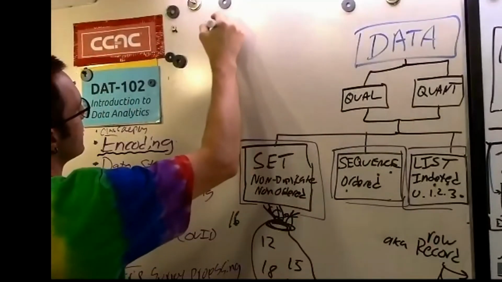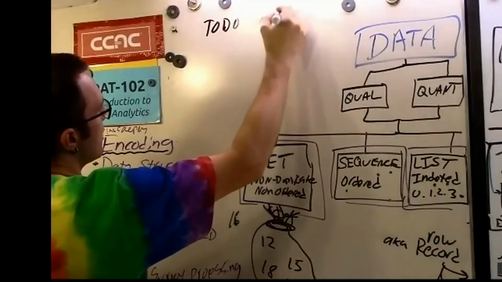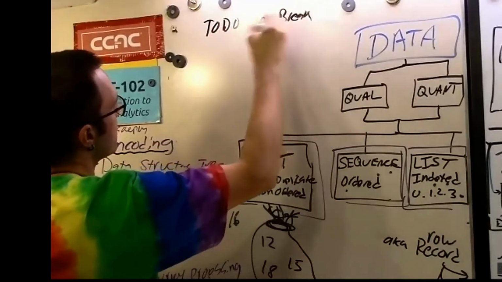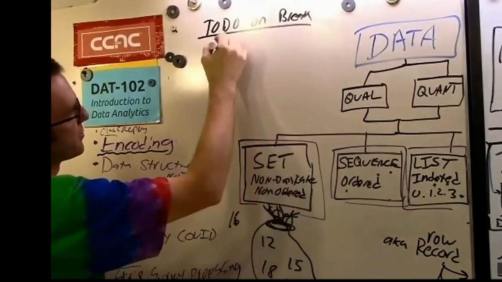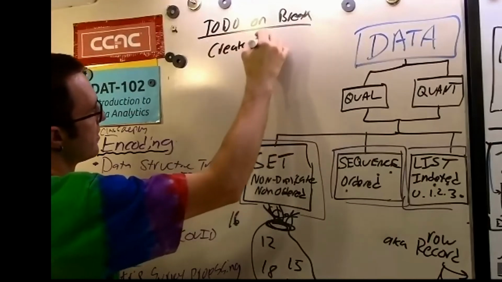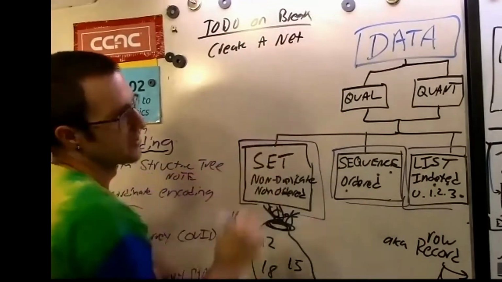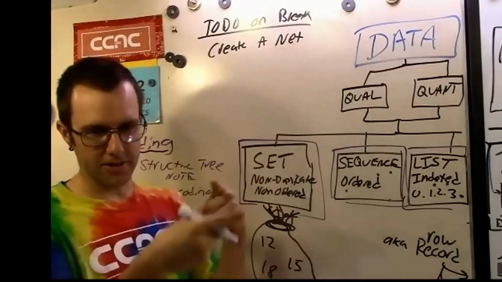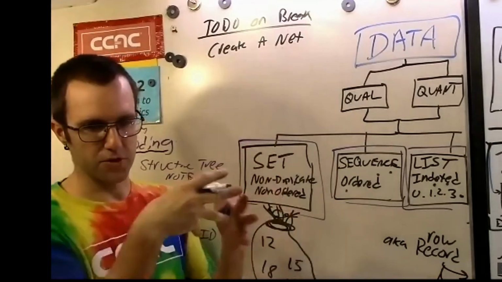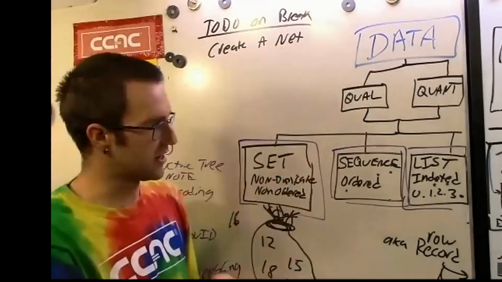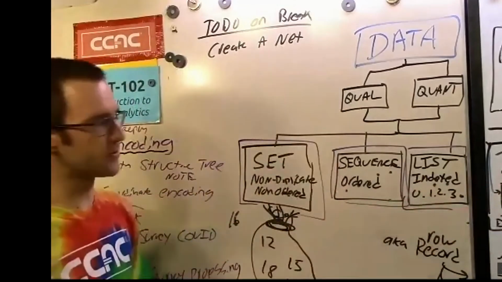So here's your to-do on break. I want you to create a network. So not a tree, meaning you can have cycles and you can have multiple nodes linked. One node can be linked to every other node and so forth.